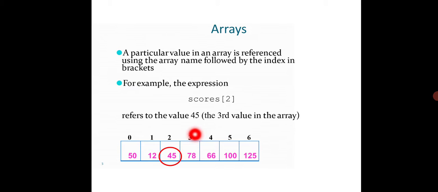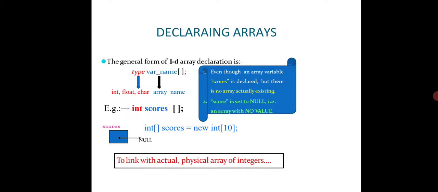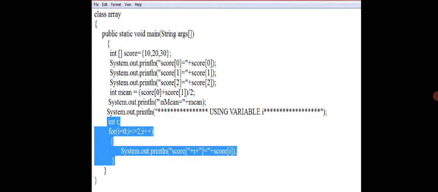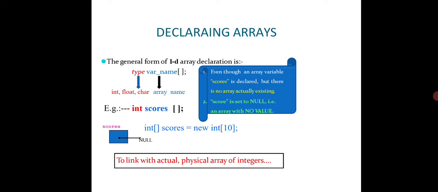If I want to retrieve a particular instance, for example the second index value, I can use score of 2. Here score is the array name, 2 is the index value, and it will return 45 as the answer. This is the syntax for declaring arrays.